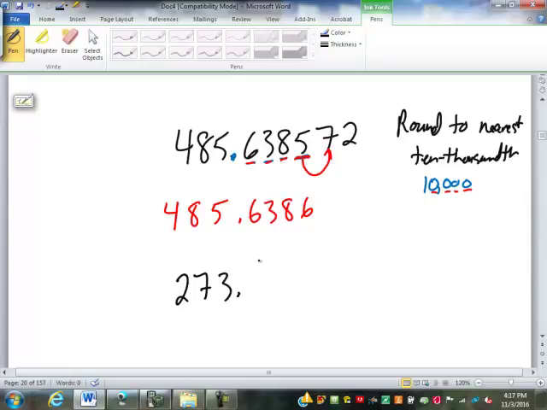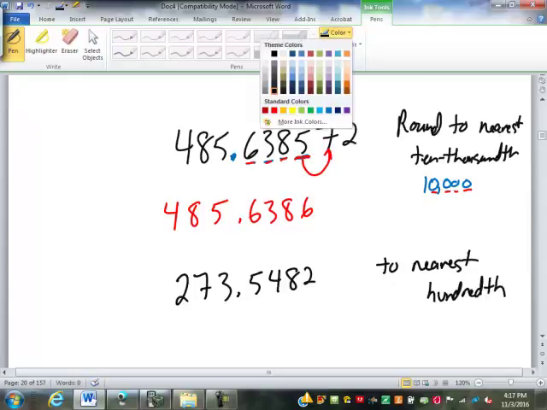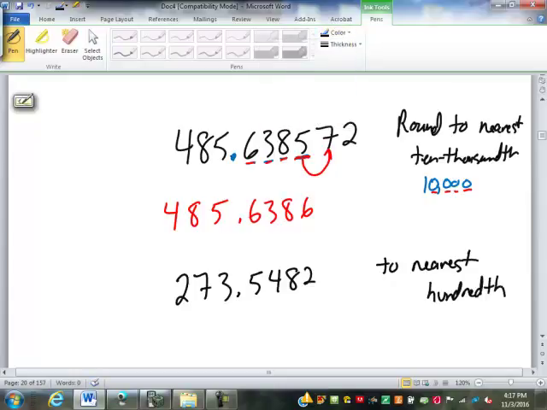Now here's the one that I catch people on a lot. Round to the nearest hundredth. Actually, that's not what I wanted. Let me change this just a little bit.